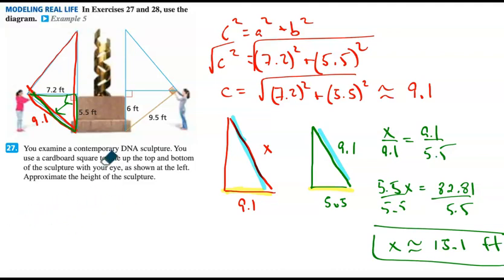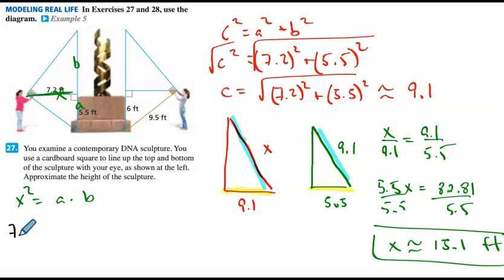And just to go the other route, we have this leg here. So that formula before was x squared equals a times b, where this is your x, this is your a, and this is your b. So this would look like 7.2 squared equals 5.5 times the unknown here. I'll call it b for now, right? So this is a, this is b, and this is the altitude.